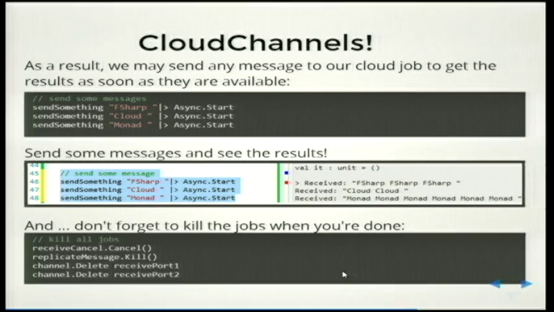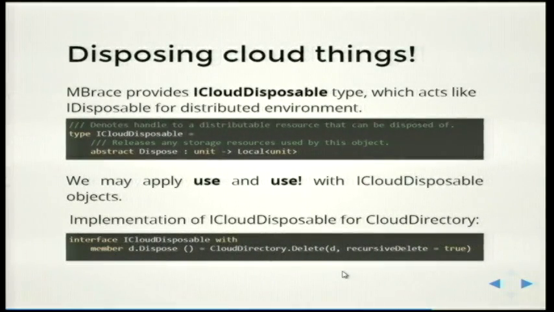And after our work is done, we shouldn't forget to release the resources, to kill our channels, processes, and so on. And for this, we may use the feature of MBrace for disposal of cloud resources. MBrace offers the ICloudDisposable type, which is very similar to IDisposable in .NET.